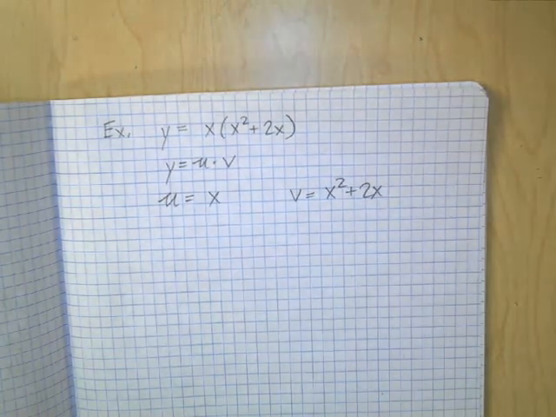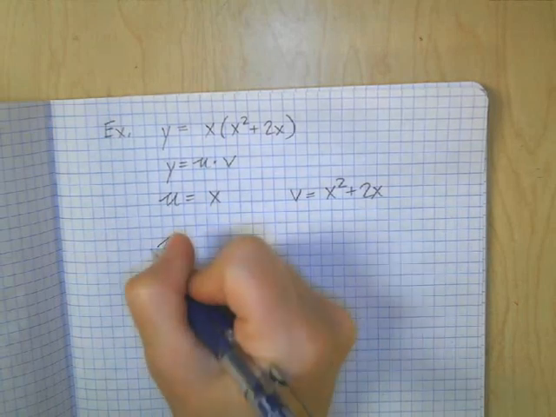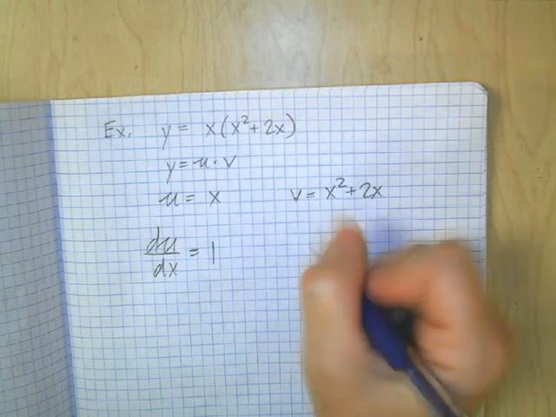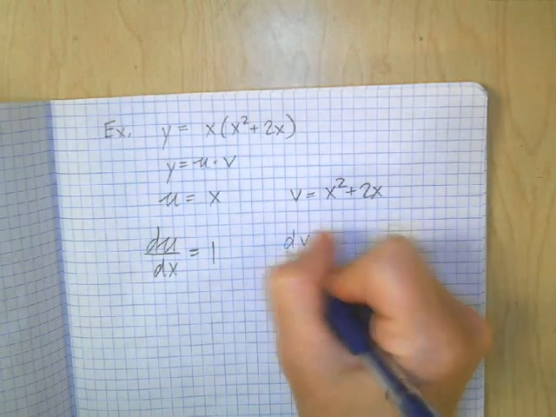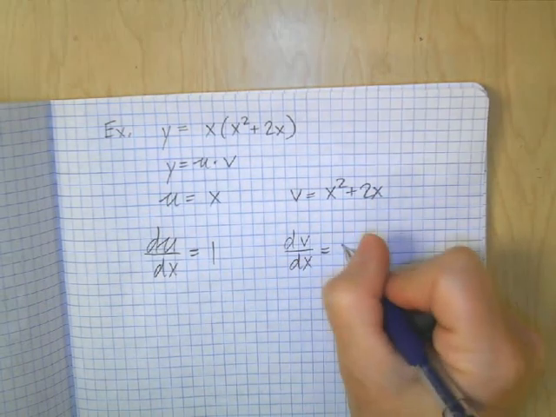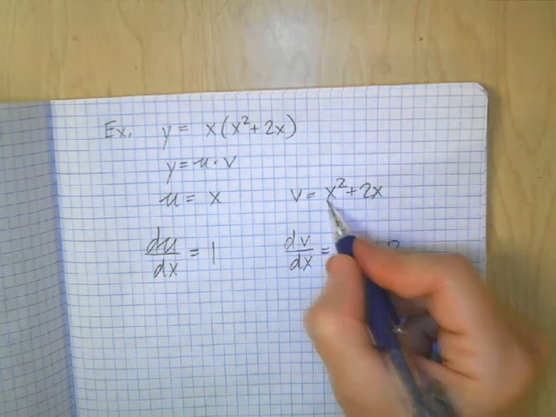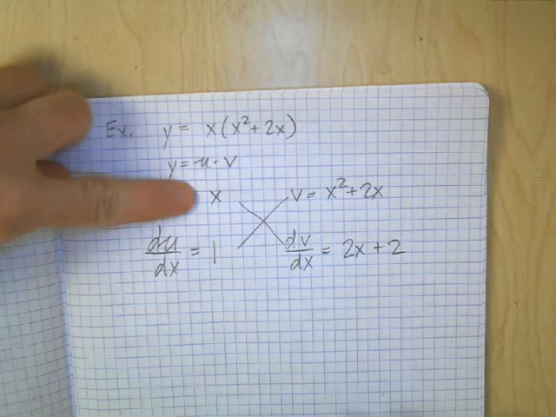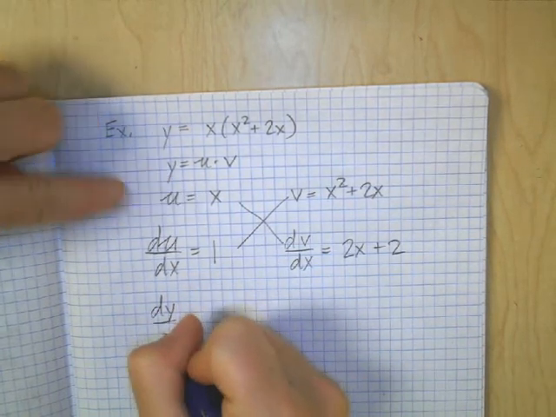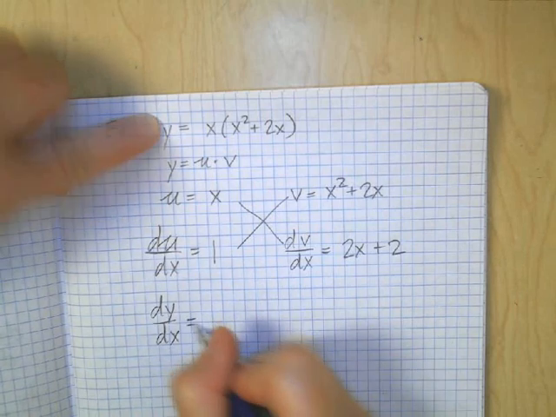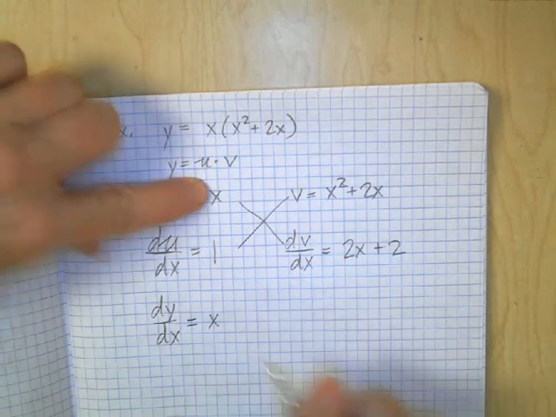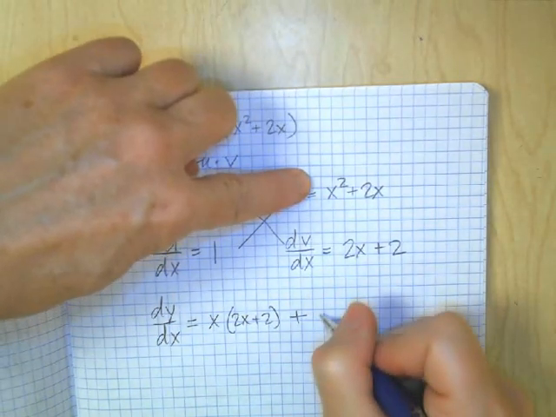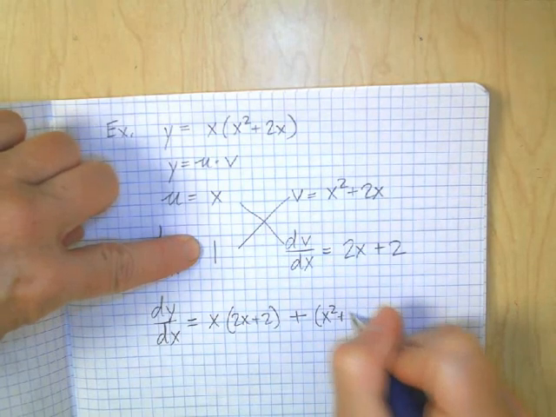Right? So then I'm going to take the derivative of u, so du dx. The derivative of this is just 1. And then I'm going to take the derivative of v, so dv dx is going to be 2x plus 2, just using my basic derivative rules. Now I'm going to do my crisscross applesauce. And so I'm going to have dy dx, the derivative of the whole darn thing, is equal to the first function times the derivative of the second one, plus the second function times the derivative of the first function, times 1.